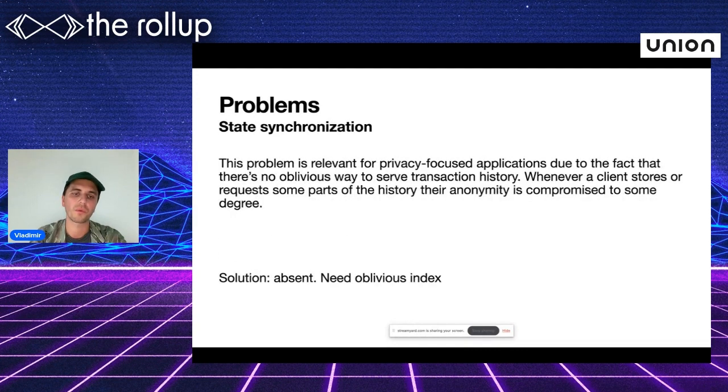Yeah, another problem for private wallets is state synchronization. If you have a collection of private inputs, you have some history that is stored on chain. There is no way to fetch it in a single request, because you would compromise your anonymity. So you either have to brute force, like try to decrypt or transform and find out if it is yours or not, or you have to trust some third party.